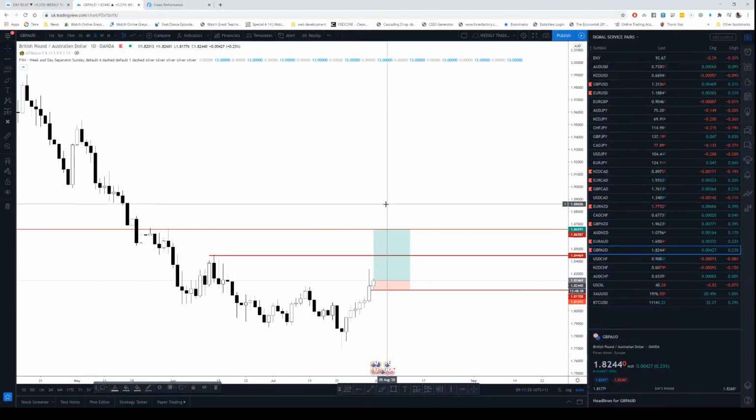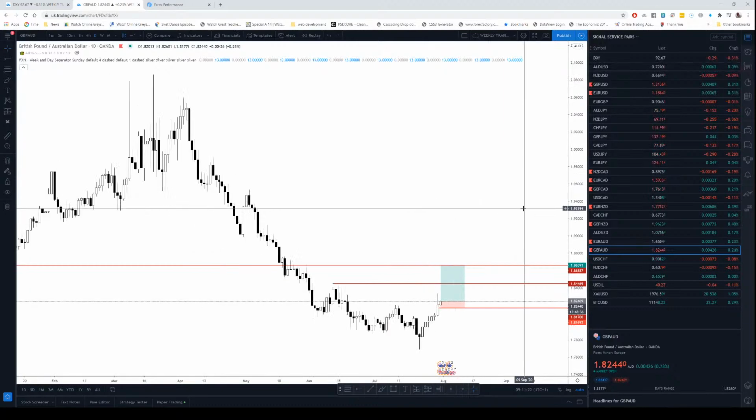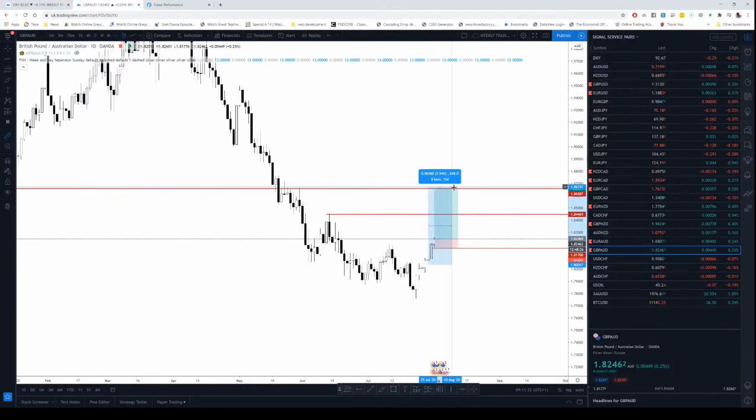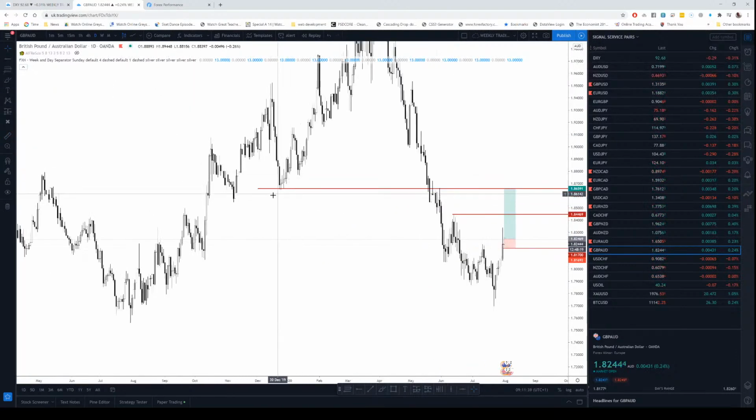We are looking at over 400 pips from where we are. If my members still have a position on, then they'll be in some almost 800 pips. Right, 600. So that's where I'm looking for price to get to, back to this low.